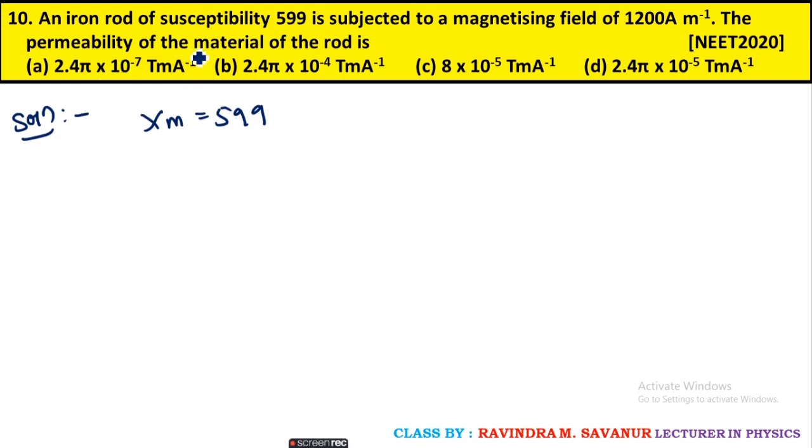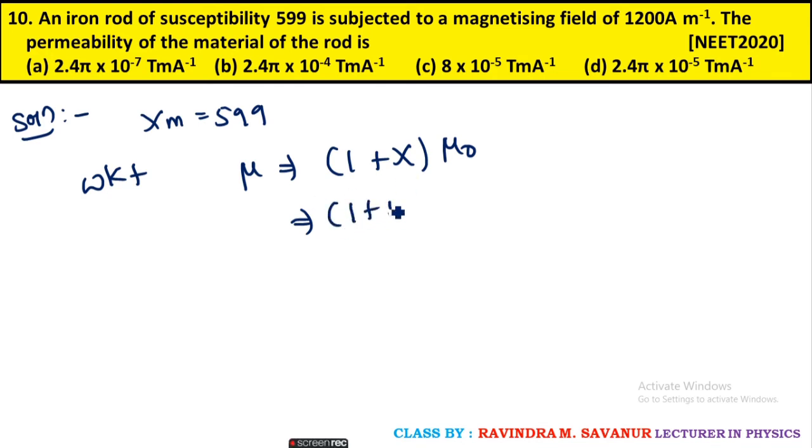The permeability of the material of the rod is how much? We know from the synopsis discussion, permeability can be given by 1 plus susceptibility into absolute permeability.